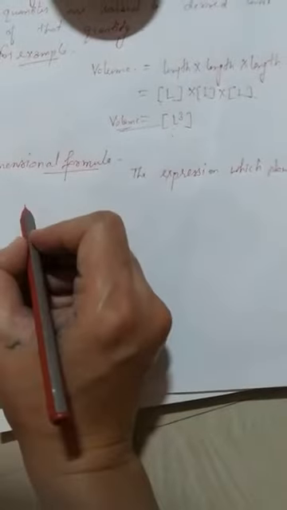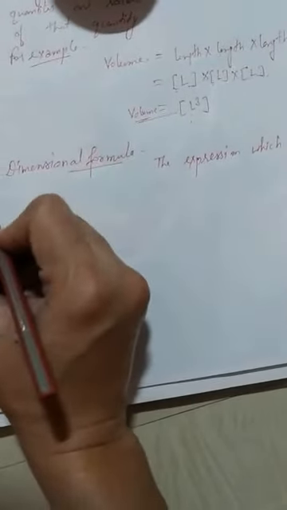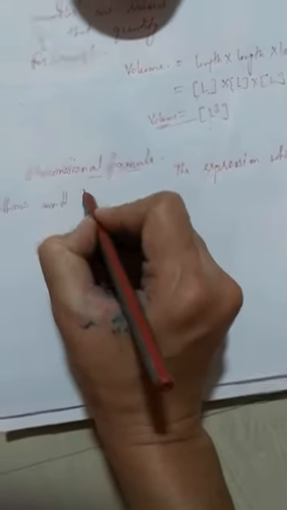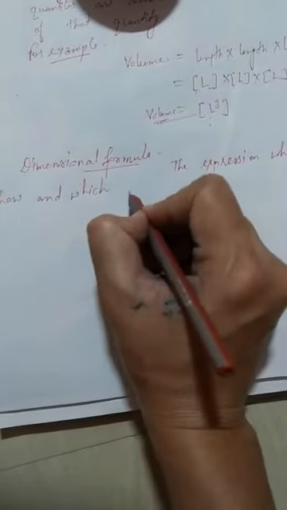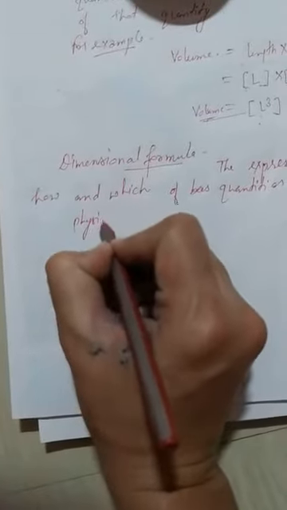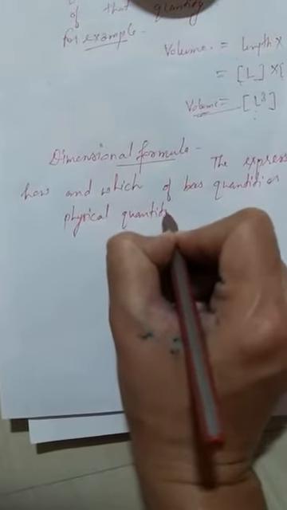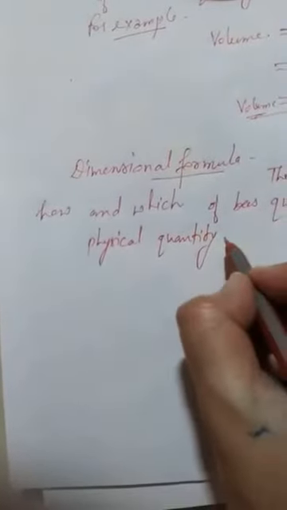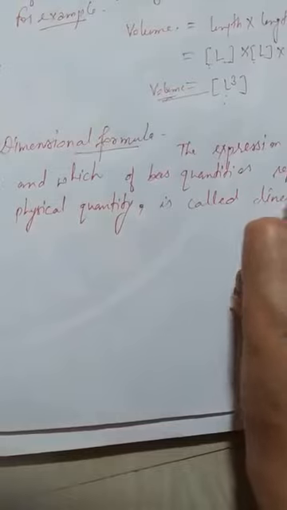The expression which shows how and which of the base quantities represent a physical quantity is called the dimensional formula.